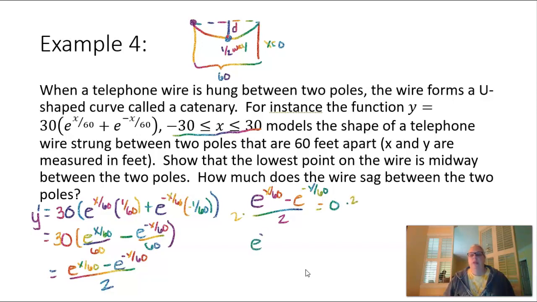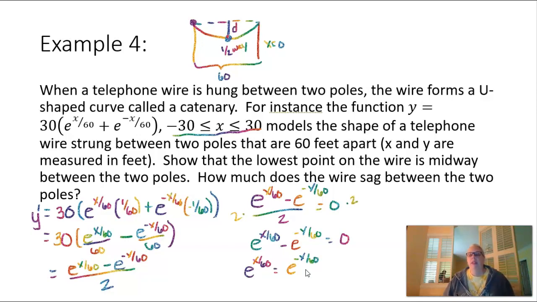That's going to give me e to the x over 60 minus e to the negative x over 60 equal to 0. Let's add this to the other side. So we'll have e to the x over 60 equal to e to the negative x over 60. Notice the exponent didn't change signs, just this one right here.